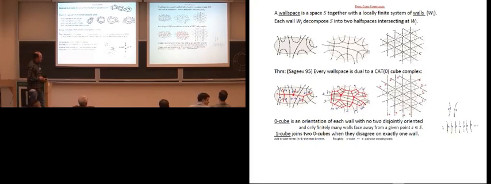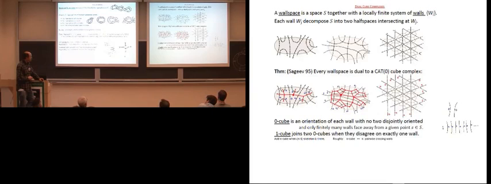Except that you have 2 conditions. You don't want to have 2 normal vectors pointing away from each other, in this sense. Their associated half spaces have to intersect, more rigorously. And the other thing's not so important for us: you don't have an infinite sequence of normal vectors all pointing away from some point. Okay? And you add a 1-cube joining 2 0-cubes if their orientations disagree on exactly one wall.